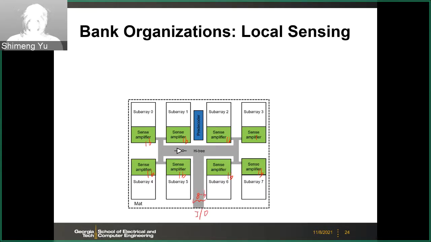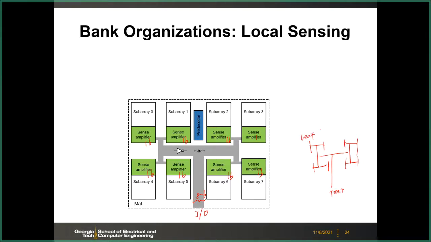So how? Here you can use H-tree. H-tree is always like this H shape. And if you want to do more, then you will. So this is like your root. This is like your leaf. I mean, it's a tree, right?